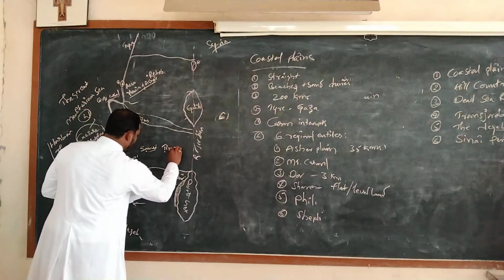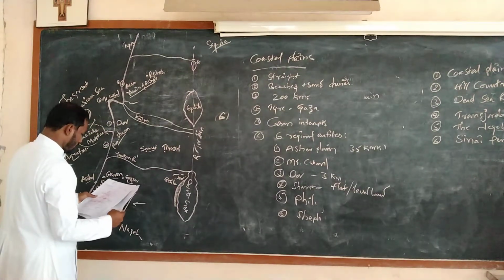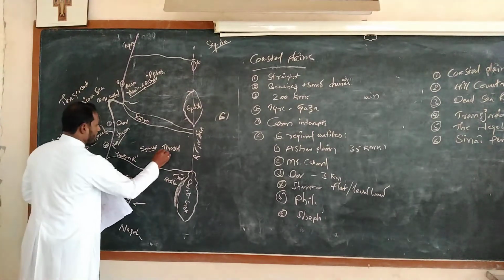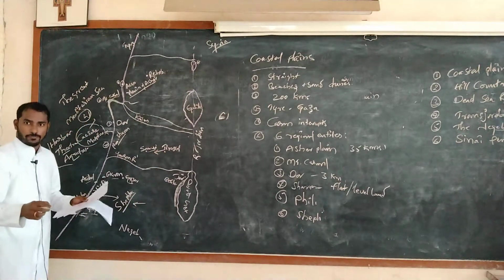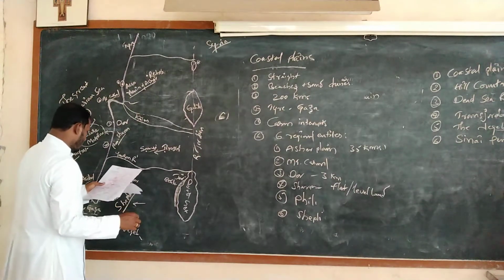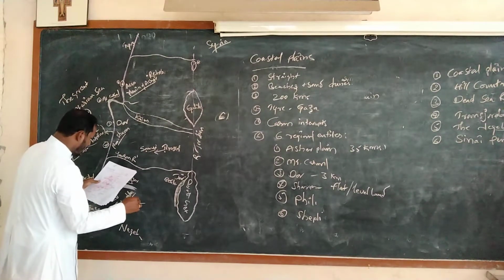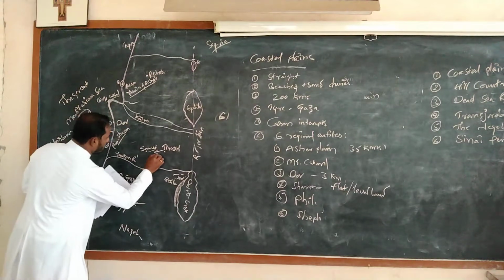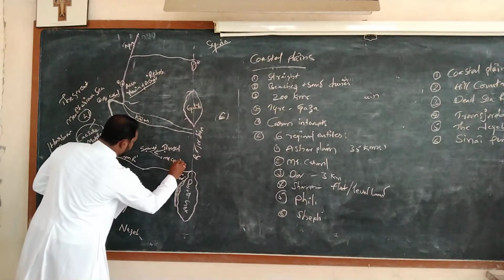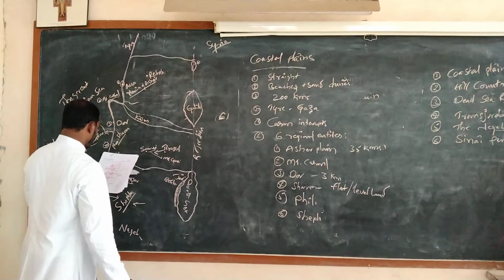It was King Omri who shifted the capital from Tirzah to Samaria. Then we have Mount Gerizim, just below Samaria.